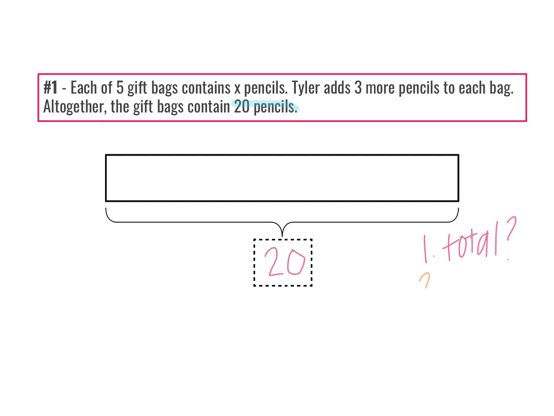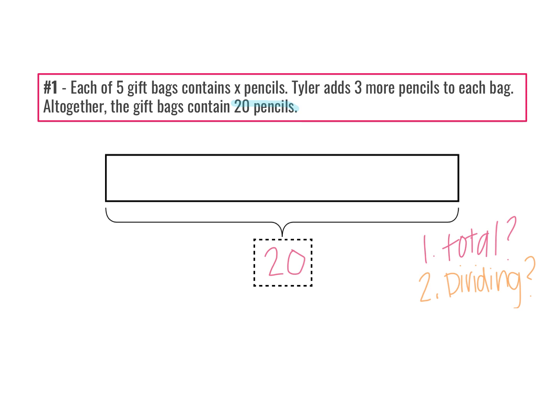Next, I need to figure out what is being divided. How am I dividing up my rectangle? So I'm going to go back and reread the story and figure out how I am dividing up this rectangle. So each of 5 gift bags contains x pencils.